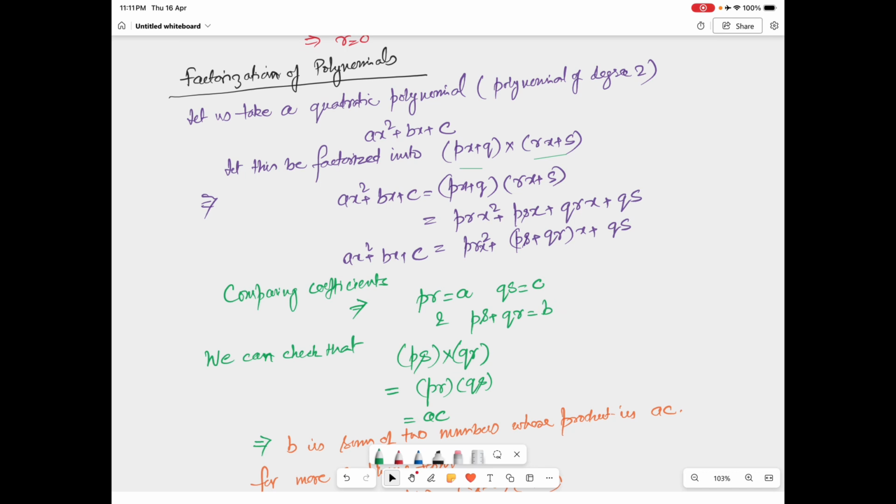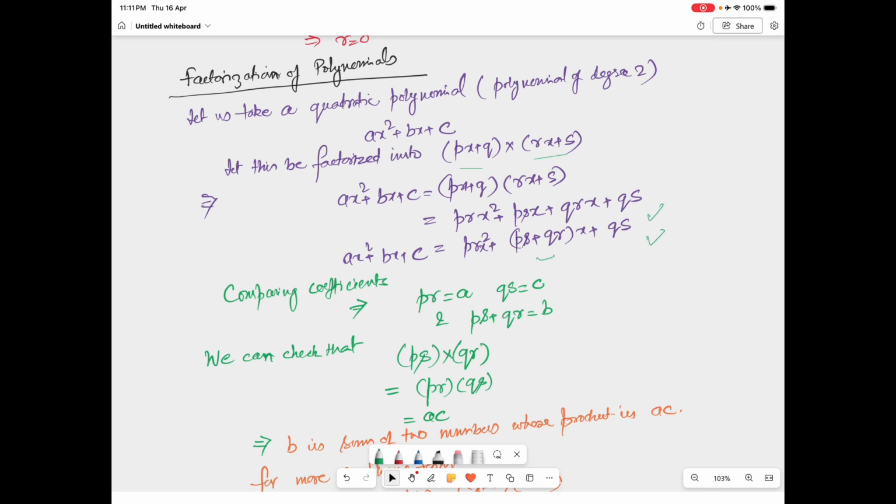So ax square plus bx plus c, I am equating with these factors px plus q and rx plus s. When we multiply and solve it, we will get prx square plus (ps plus qr) into x plus qs. You can solve this by simple multiplication.